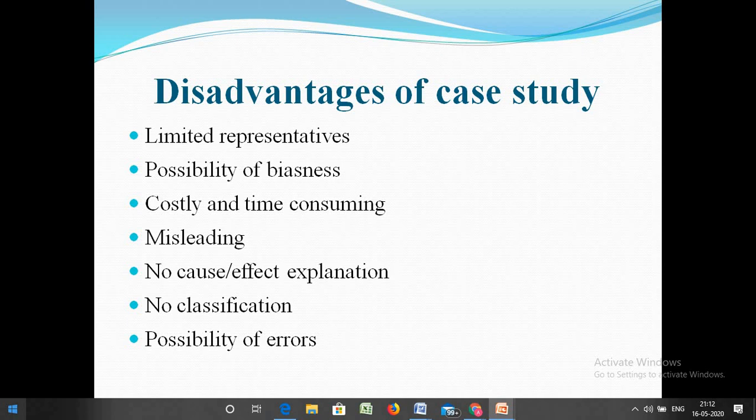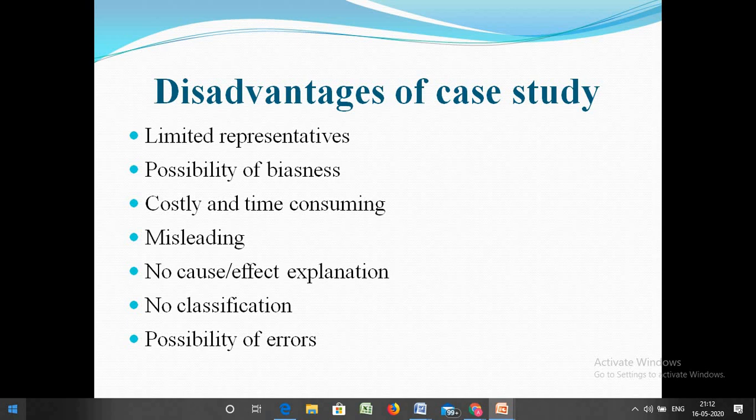Next, since it relies on self-report data, it can be misleading. Then it does not explain behavior. So therefore it is very difficult to draw a definite cause and effect from case studies.